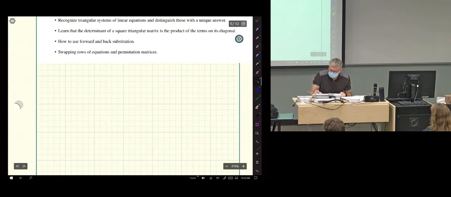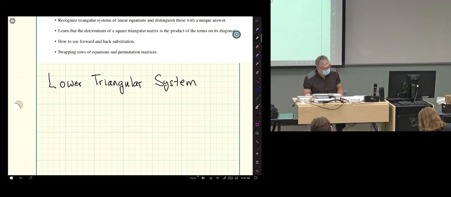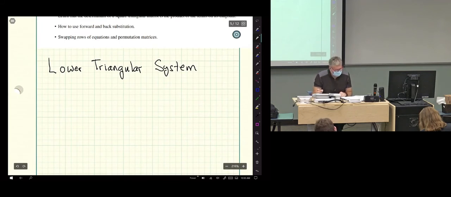Okay, let me get this out of the way. So, lower triangular system of linear equations, but we know we're doing linear equations, okay? So let's just not worry about that.